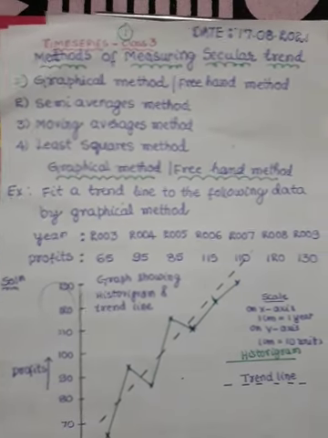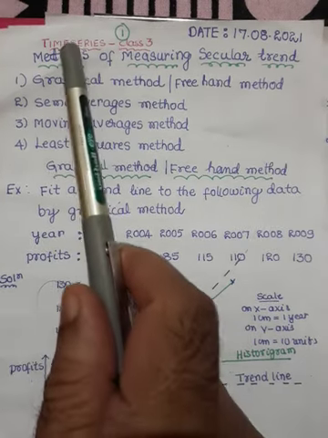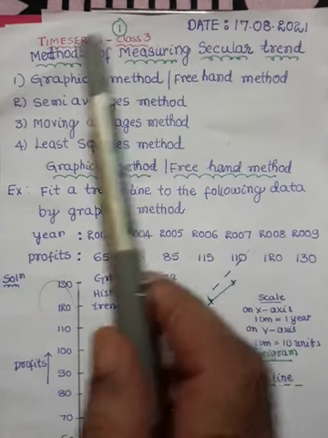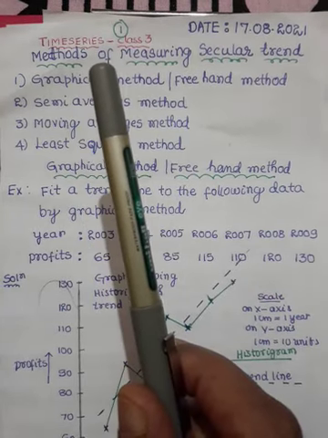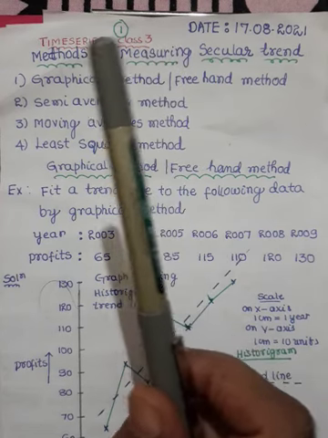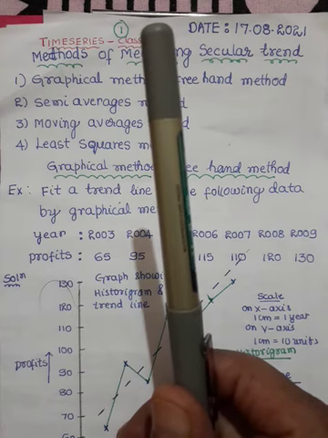Dear students, in the previous class, that is time series class 2, we discussed the components of time series. How many components of time series are there? There are 4 components of time series.